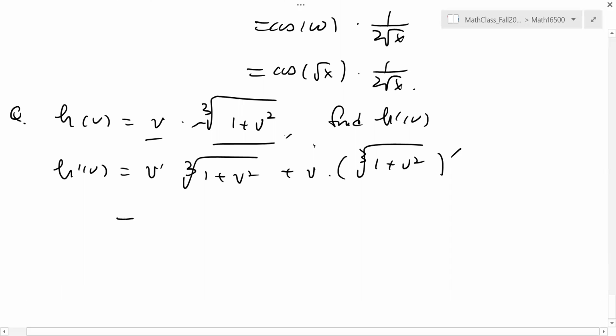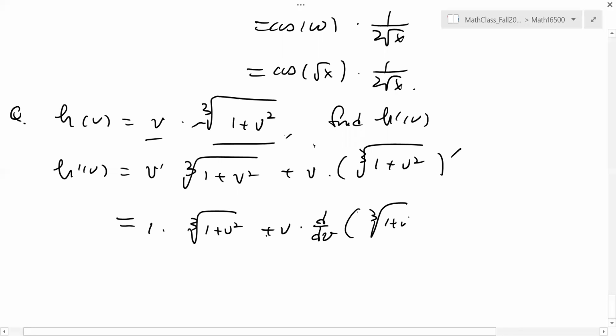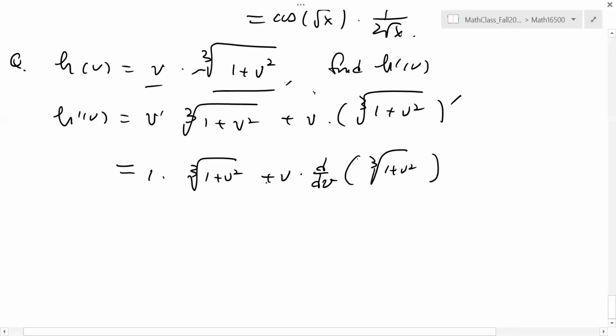The derivative of v is going to be 1, right? You have to use the chain rule to solve this problem. So you can simplify it. Let's say this is a w, the third root of 1 plus v squared with respect to v.